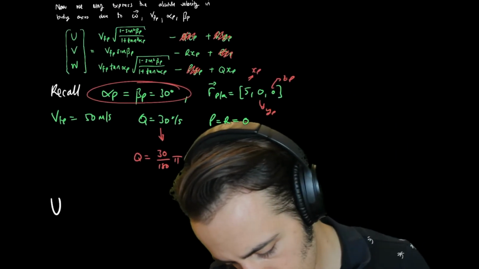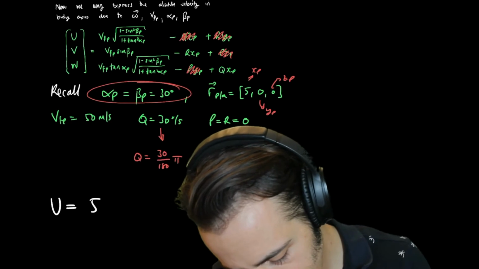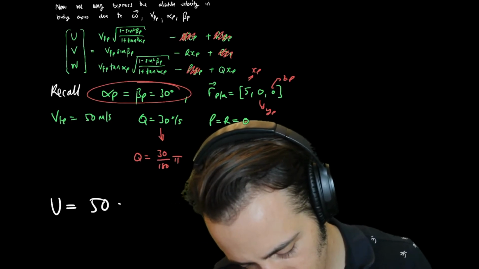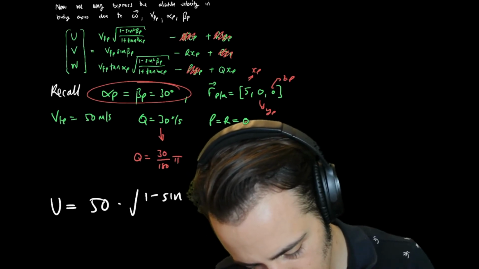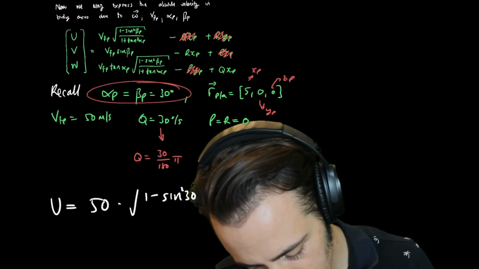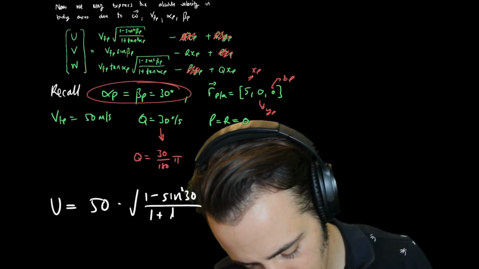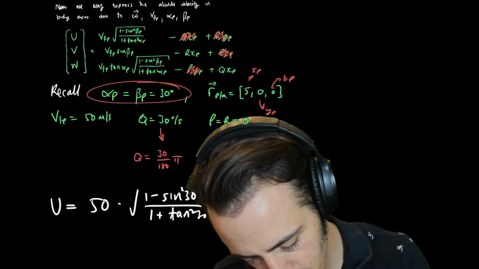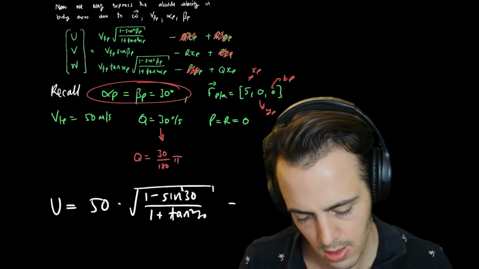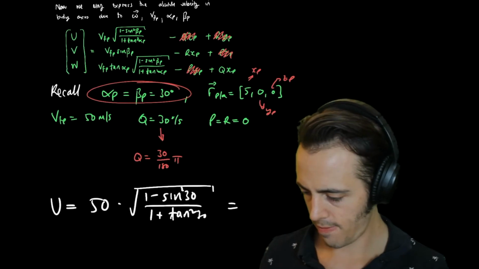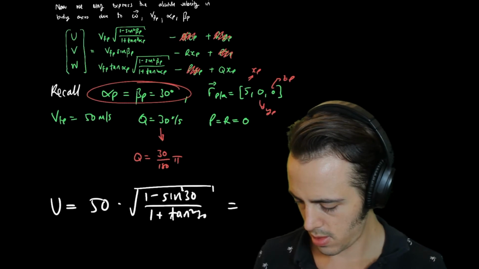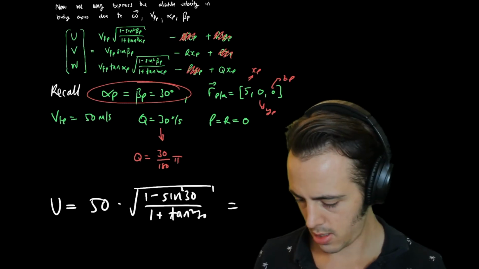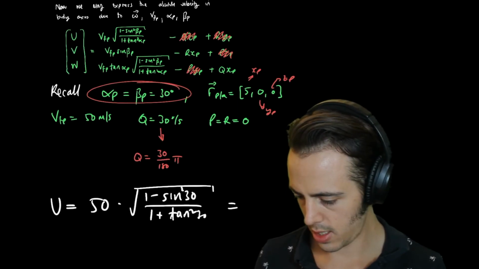So U is equal to 50 multiplied by the square root of 1 minus sine squared 30 divided by 1 plus tan squared 30, is equal to, let's just check this, 50 square root 1 minus sine 30 squared divided by 1 plus tan 30 squared.